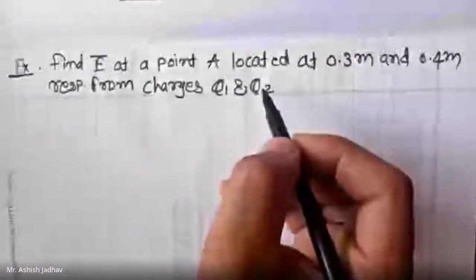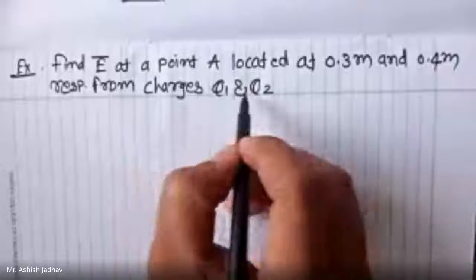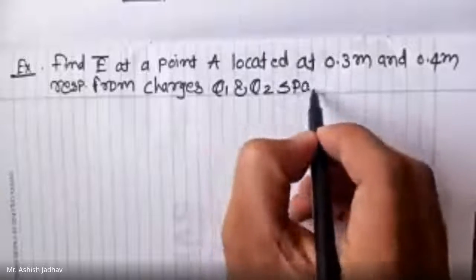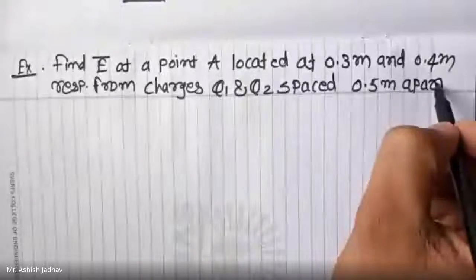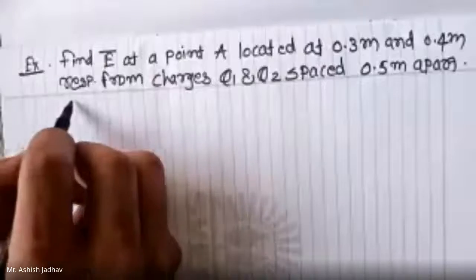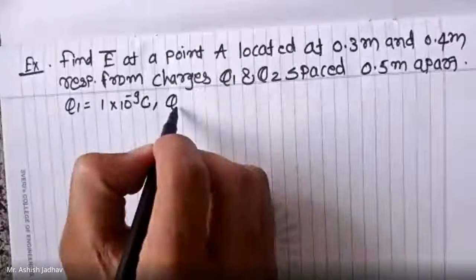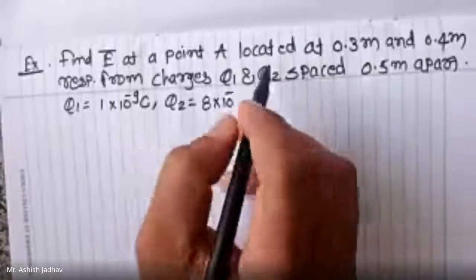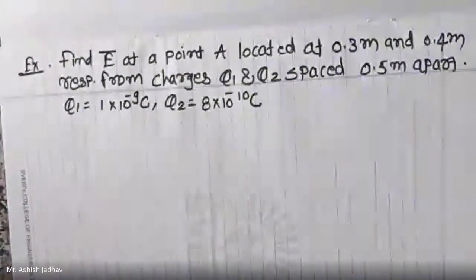That is, it is 0.3 meter from Q1 and 0.4 meter from Q2. So Q1, Q2 spaced 0.5 meter apart. Q1 is equal to 1 into 10 raised to minus 9 coulombs, and Q2 is equal to 8 into 10 raised to minus 10 coulomb. Right. So this is the example.